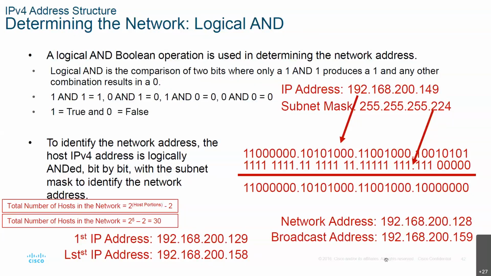So 128 plus 30 would be 158. Your last IP address would be 158. And what is your broadcast address? Just take your last IP address and add 1. That would be 159. Is it much clearer now?